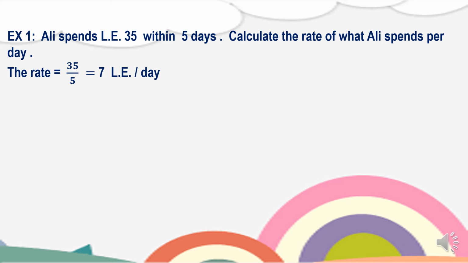The rate equals 35 LE over 5 days. He spends 35 in 5 days. So 35 over 5 equals 7 LE per day. That means he spent 7 LE in a day.